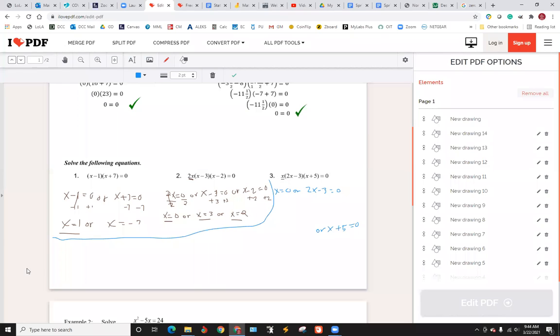I guess what I'm going to do is just come down here. Well, x equal to 0 is pretty obvious, all right?